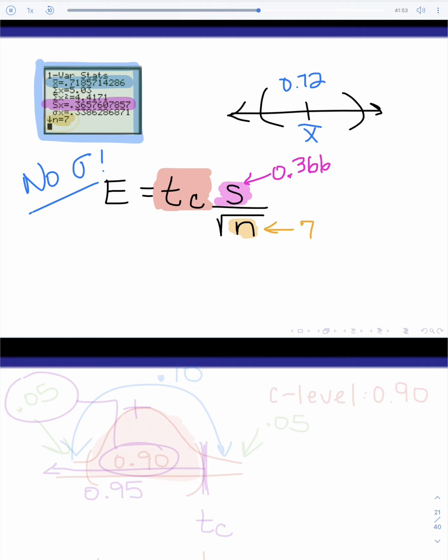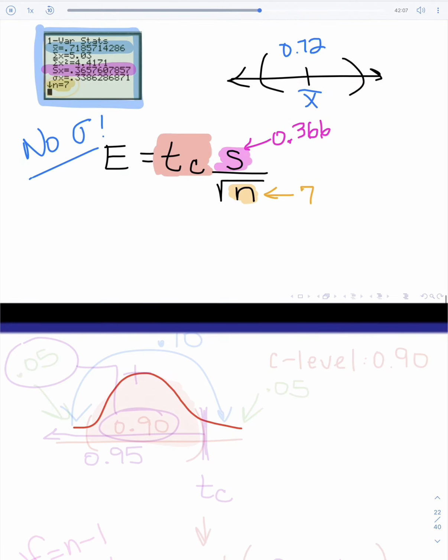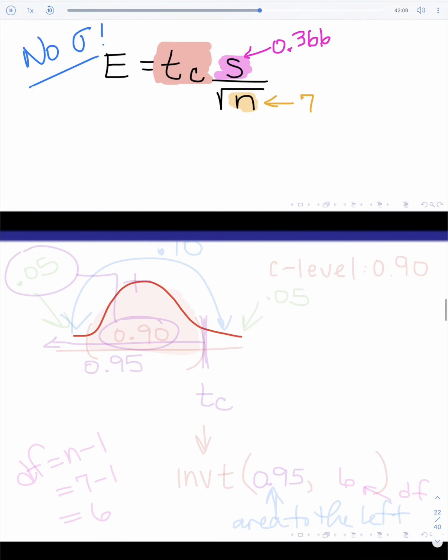So in order to get our T value that we need to create our confidence interval, we're going to start out with our normal distribution curve, like we normally do. And then what we will do is we will go ahead and fill in our confidence level. Remember, our confidence level here was 90%.